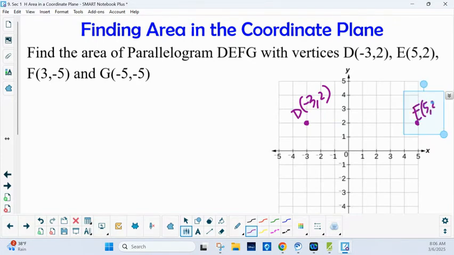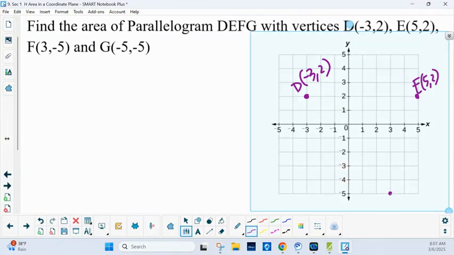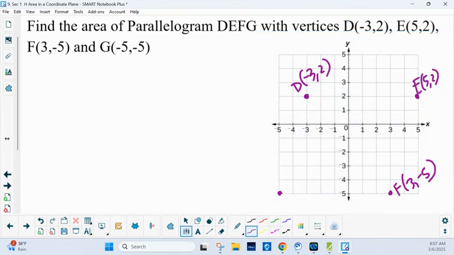We just needed it to fit on our graph nicely, so we didn't have to estimate. -5. And then -6. So the bottom of the line. Okay, well, that's not connecting correctly. Alrighty, there we go. There's our parallelogram.